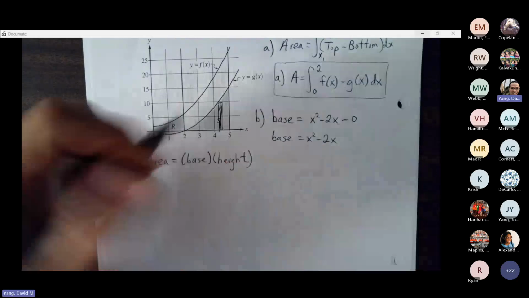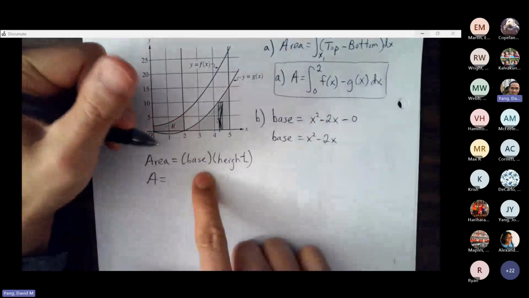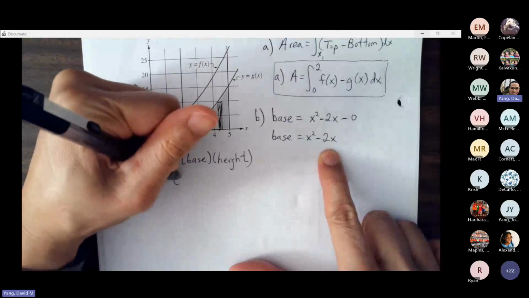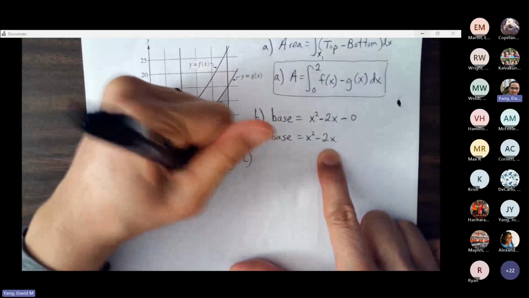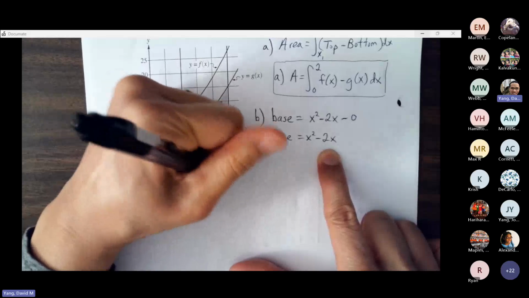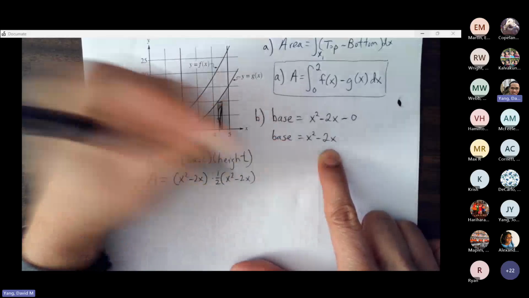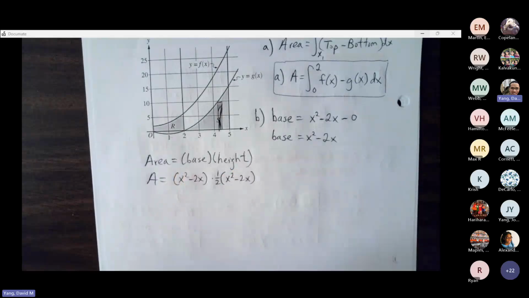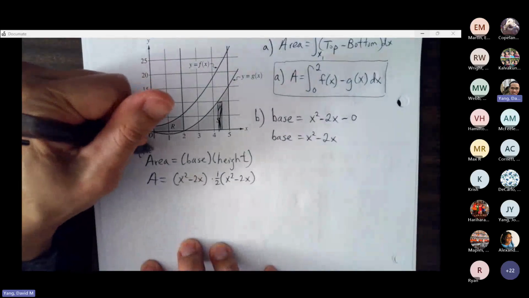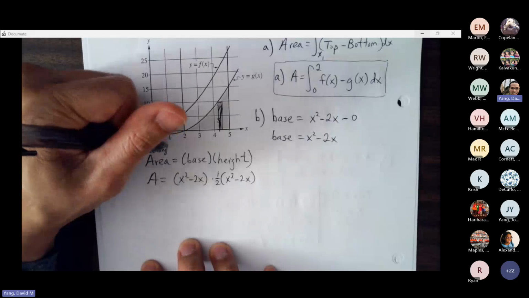So we could just build the area piece by piece. We know the base is x squared minus 2x. We know the height is simply 1/2 of x squared minus 2x. So once we have the base, once we have information about the rectangle, we're just building it piece by piece.